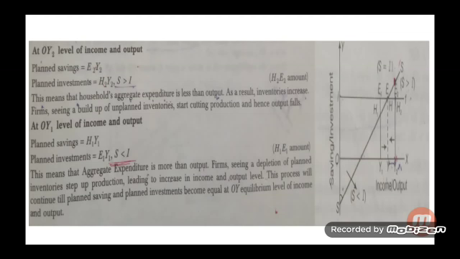It means we are dissaving at this time, right? And at OY income, there is an equilibrium point, because at this point saving is equal to investment. That's a line parallel to the X axis. This is the investment line.